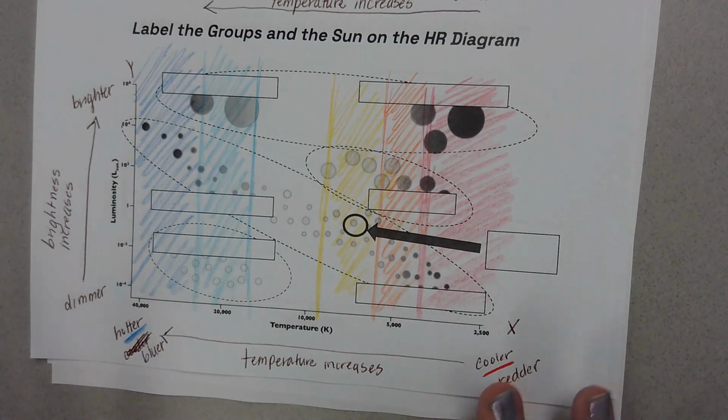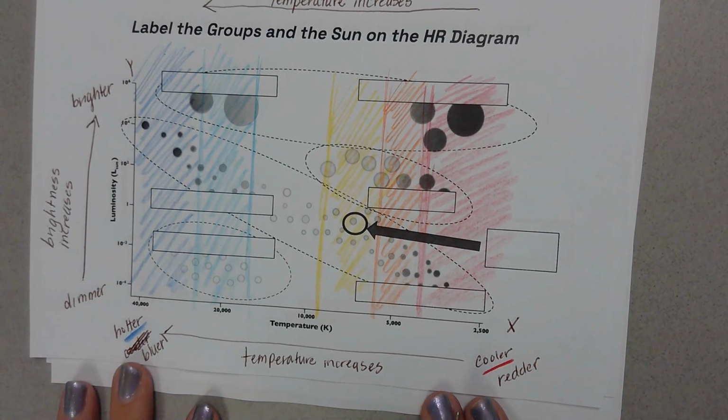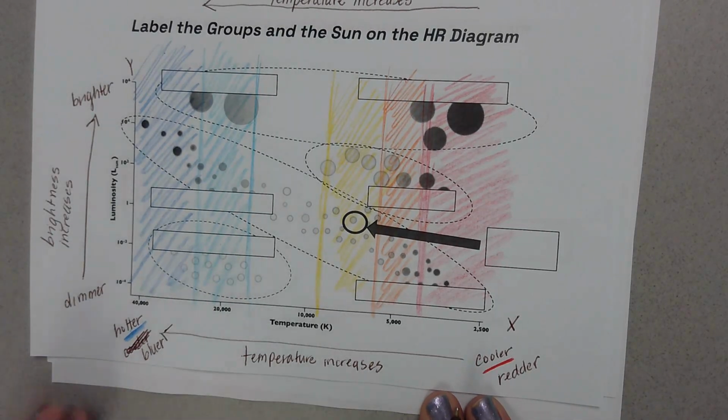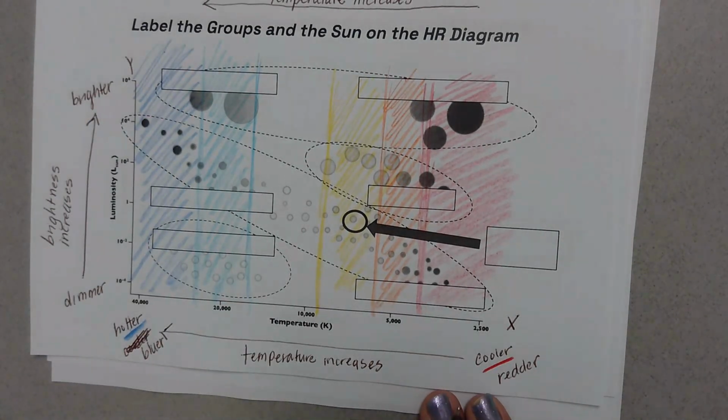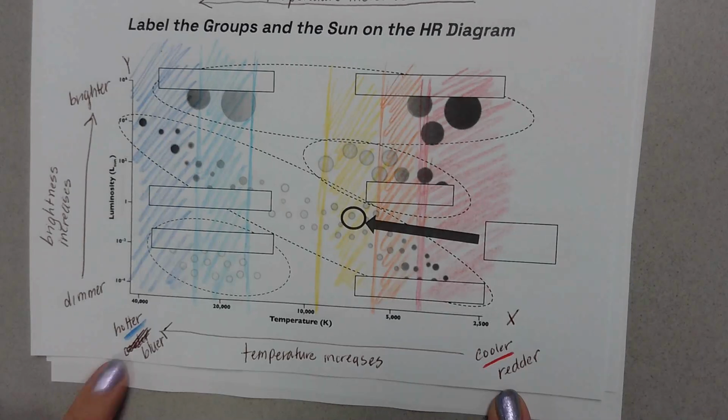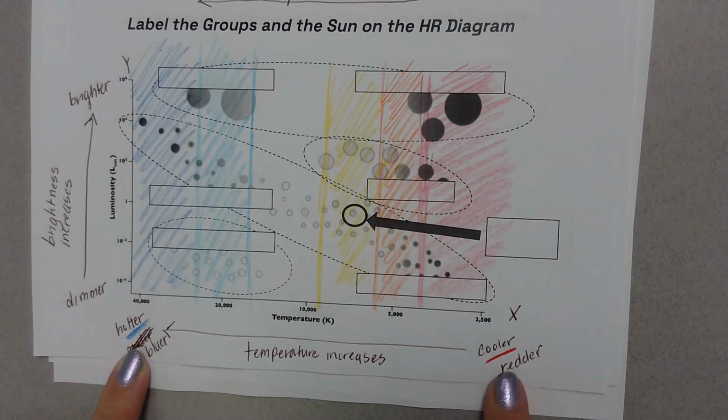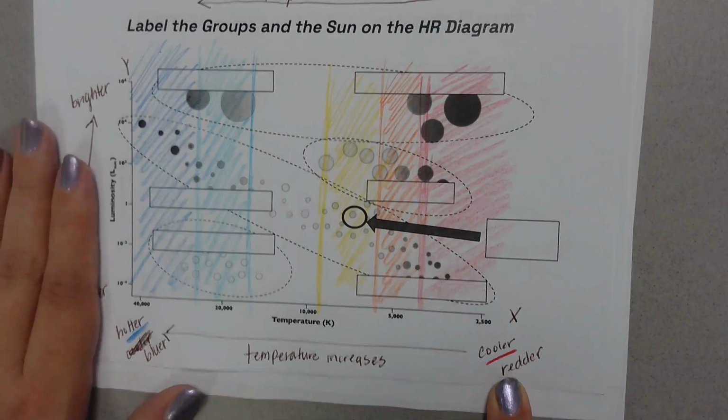So this is kind of against what you guys might traditionally think. It has to do with something called the EM, or electromagnetic spectrum, which we'll talk about later on this year. So right now you just need to remember that stars are kind of opposite how we traditionally think, where the cooler stars are redder and the hotter stars are bluer.